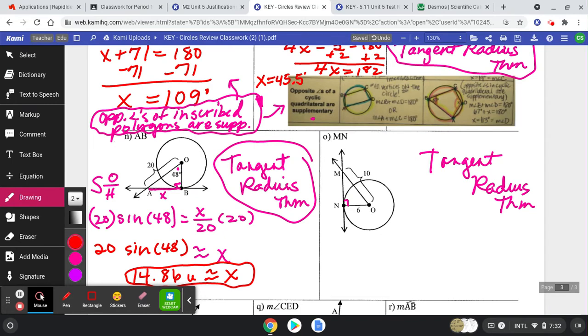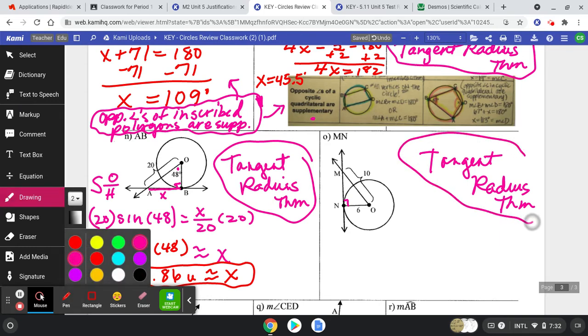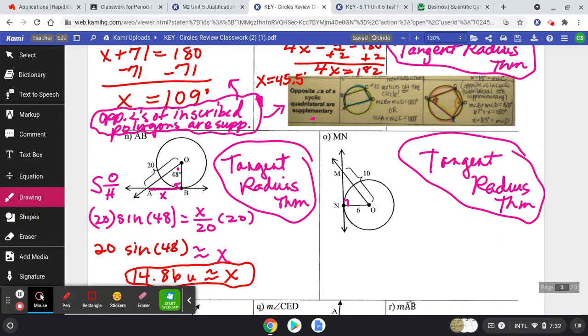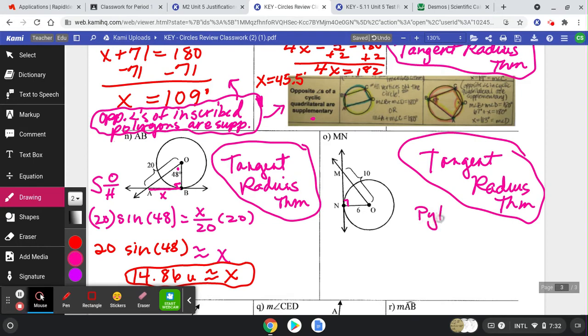Okay, so this next one for tangent radius theorem is going to use, do you see how we have 2 sides given and we want the other third missing side? So again, when I'm missing a side, I can either use trig or I can use Pythagorean. In this case, we can use Pythagorean.